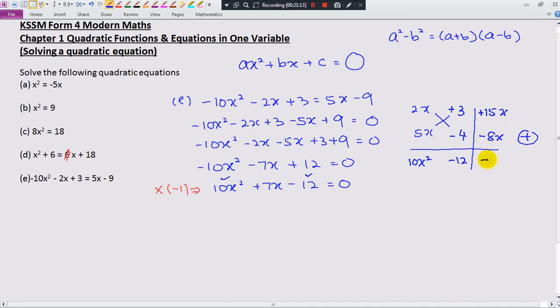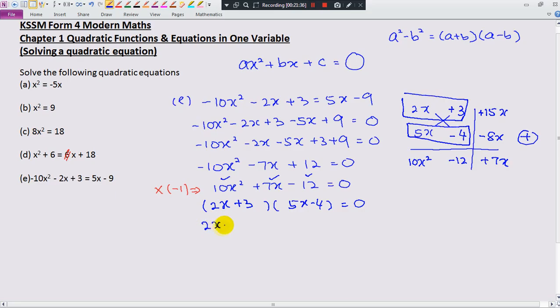Okay, here we give you positive 7x, is that correct? Okay. So next thing is write this one inside the parentheses. 2x plus 3. So 2x plus 3. 5x minus 4, right?